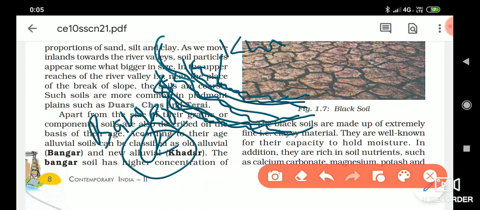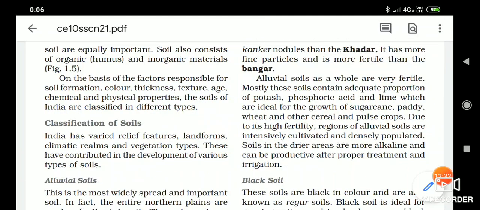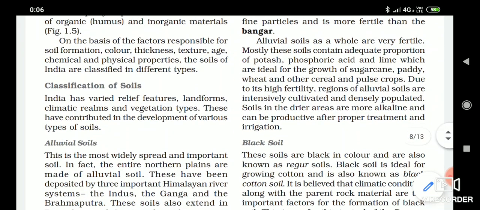Because here the river flows, and the river brings down lots of fertile material with itself. Okay, fine. So here you can see it is written that Khadar has more fine particles than the Bangar. So this is all about the alluvial soil.